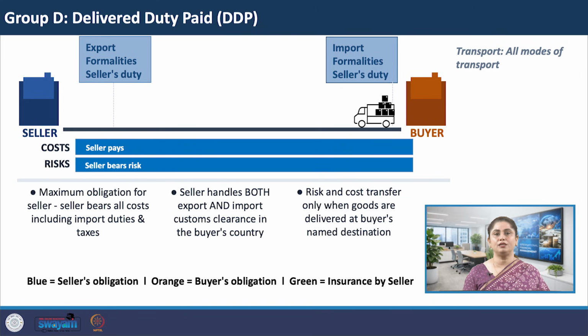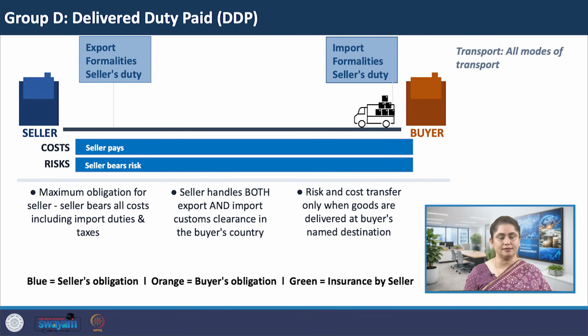This is the only Incoterm besides the seller's own export formalities where the formalities box is blue. So under DDP, the seller handles both export clearance and import clearance in the buyer's country. This makes DDP unique. Here it is the maximum obligations for the seller.